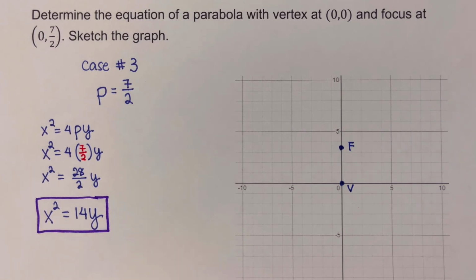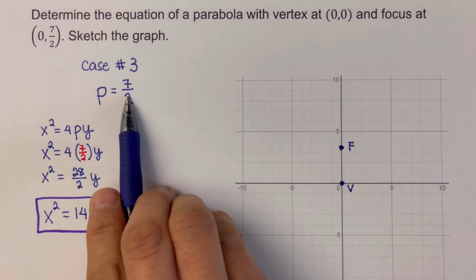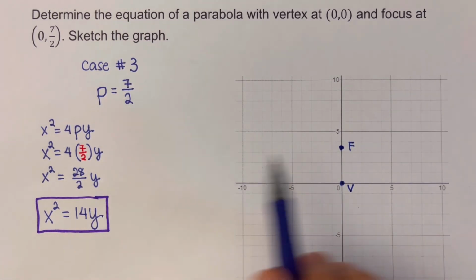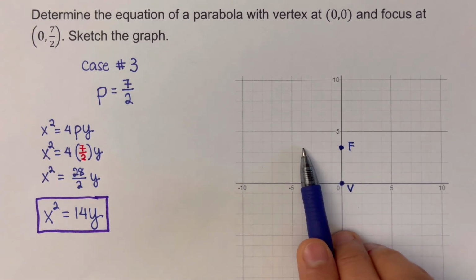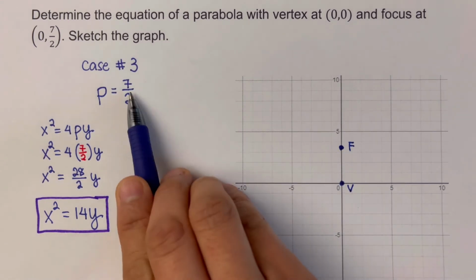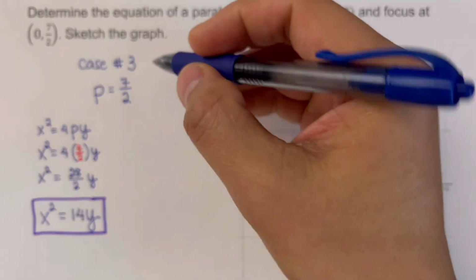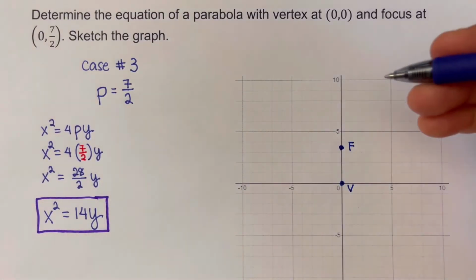Now we are going to determine the ends of the latus rectum. We can determine the ends of latus rectum in 2 ways. The first method is, just like the first example, we are going to double the value for p because the distance from the focus to the end of latus rectum is twice the p. We can do that, which would equal to 7. So I'm just going to go ahead and show the work down here.